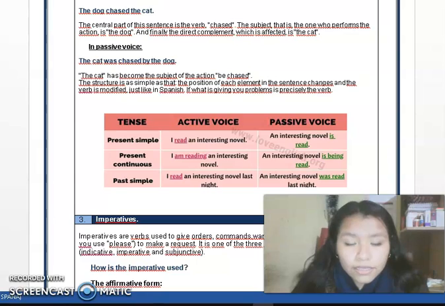And present continuous in active voice is: I am reading an interesting novel. And passive voice is: an interesting novel is being read. And past simple is: I read an interesting novel last night. And passive voice is: an interesting novel was read last night.